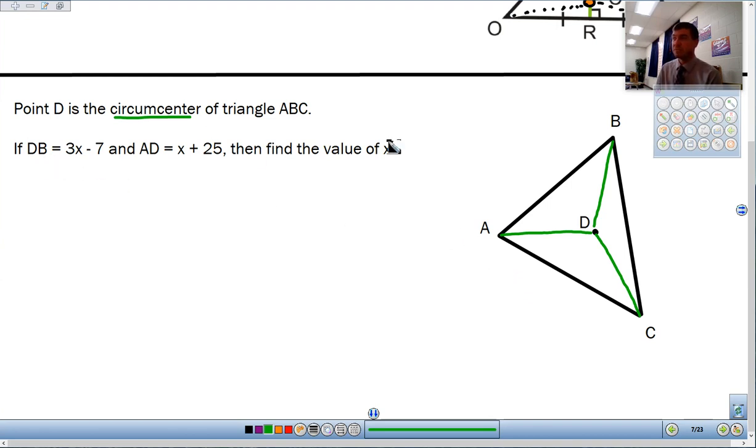They give you an expression for DB and AD, and we know that they're the same length. So we can say DB is equal to AD, and we can plug in those expressions and solve.